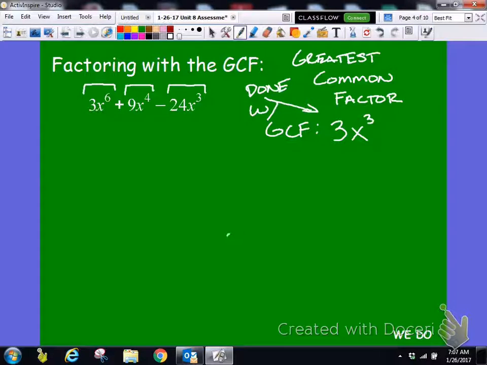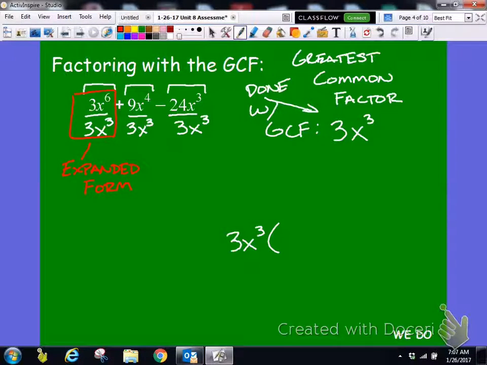So I'm going to pull down 3x cubed here, and now I'm going to search for my other factor. In order to find that, I simply divide every term by my GCF. Now, I'm going to do the expanded form of the first term just so you get an idea of exactly what we're doing.